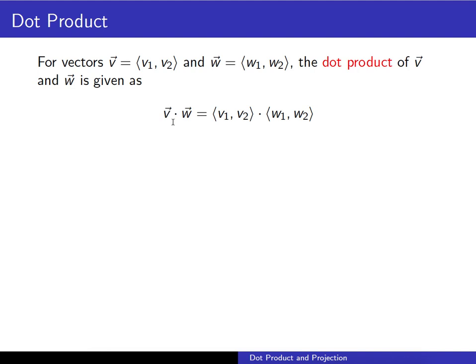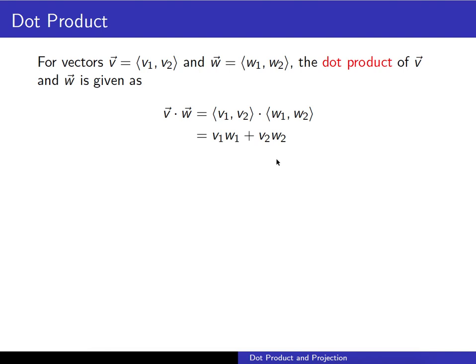Essentially, for v dot w, we multiply the horizontal components, so v1 times w1, and then multiply the vertical components, v2 and w2, and then add them together. So we multiply the horizontal components, multiply the vertical components, and then add them together.